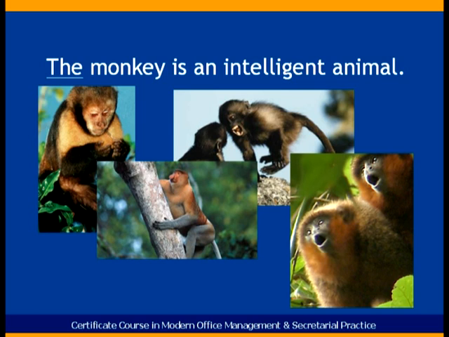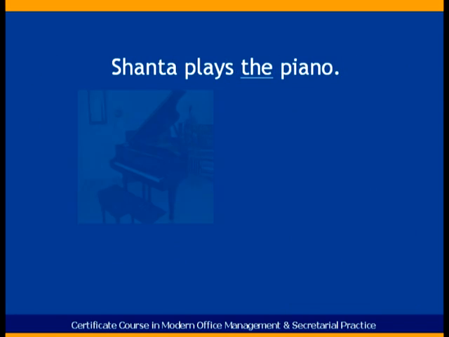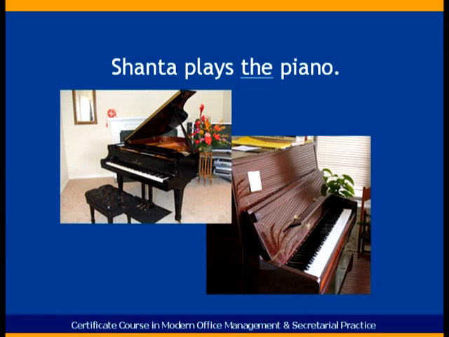This sentence does not refer to a specific monkey, but it refers to a specific type of animal, which is why the is used. Shanta plays the piano. This sentence also does not refer to a specific piano that Shanta is able to play. It refers to a specific type of instrument that she is able to play.